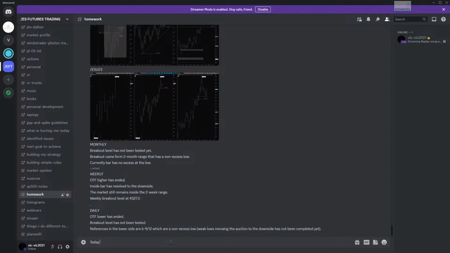Today, 1, 2, 3. Today clear or remove. Notice the potential firecracker effect of the last 4 days of the last week highs.